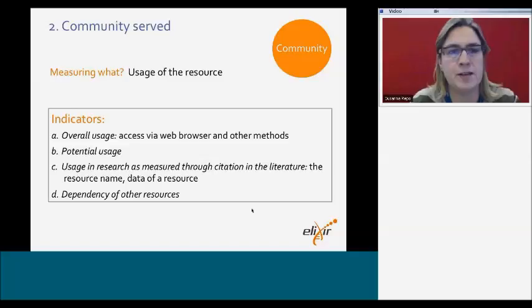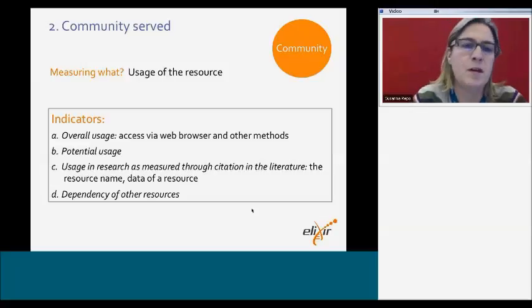The second set of indicators is about the community, and this is one of the most quantitative categories, if you like, because it's talking about who's using the resource. And these are things that one can measure by fairly standard methods. So the first one is who's using the resource, how many IP addresses access the web page or the website, how many IP addresses are using APIs and so on, or downloading from FTP sites, how many page views are there, how many sessions.